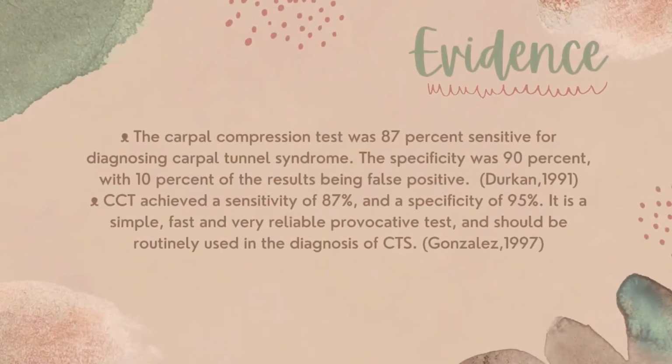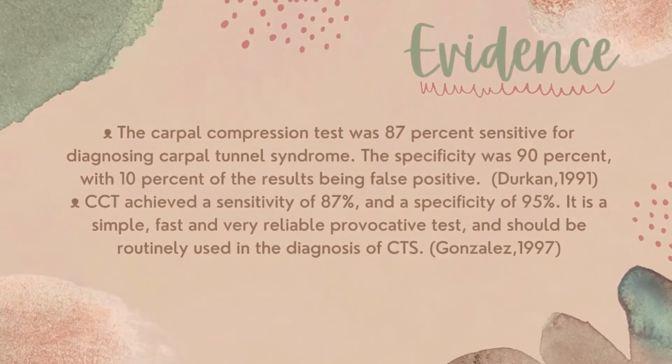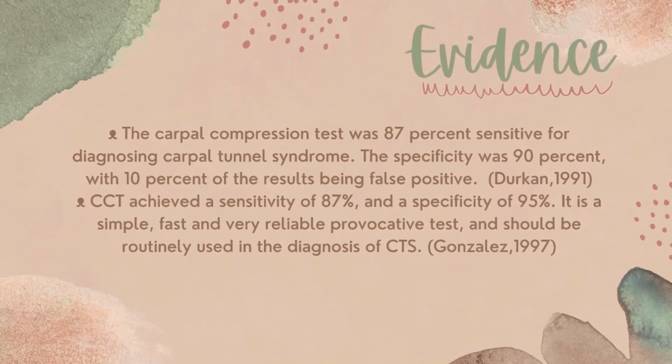Okay, next, let's go to the evidence. In 1991, Durkan reported that the carpal compression test was 87% sensitive and 90% specific, whilst in 1997, Gonzalez reported that the carpal compression test achieved a sensitivity of 87% and specificity of 95%.